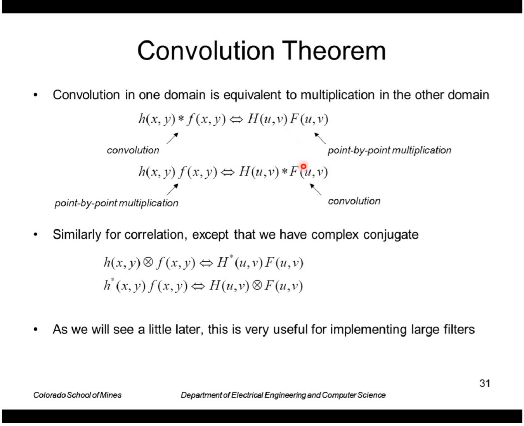And you can go the other way. A convolution in the frequency domain is equivalent to point by point multiplication in the spatial domain. Correlation turns out to be the same theorem, except we put a complex conjugate on one of them.